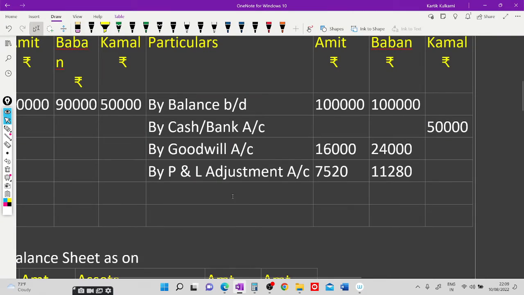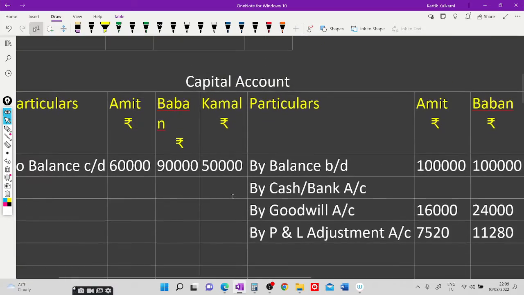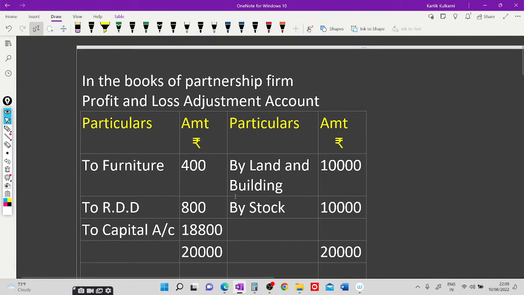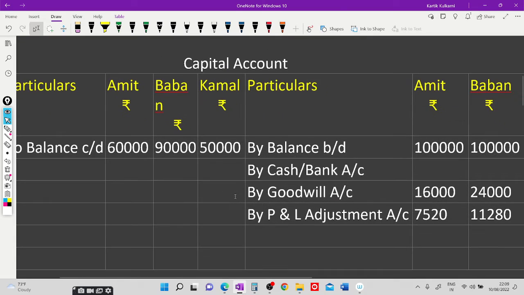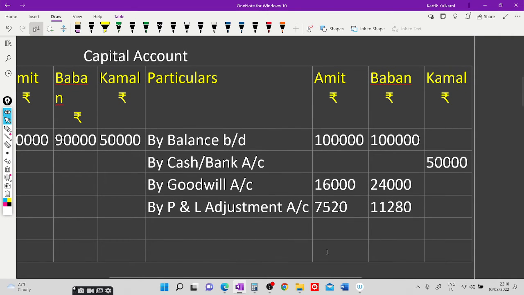Now we will close the capital account. After closing the revaluation account and transferring the revaluation loss or profit to the capital accounts, we will close the capital accounts. First we will close Amit's capital account. On the credit side, Amit's credit total is 1 lakh.